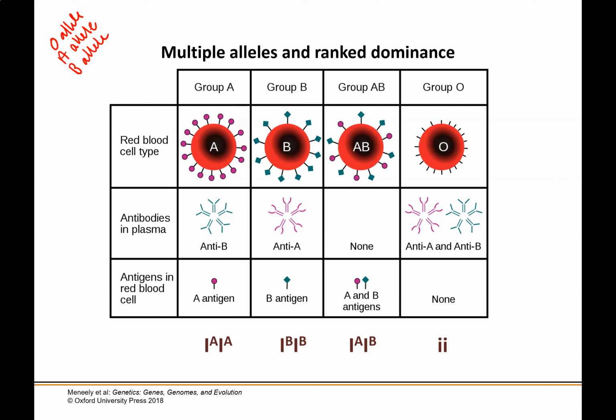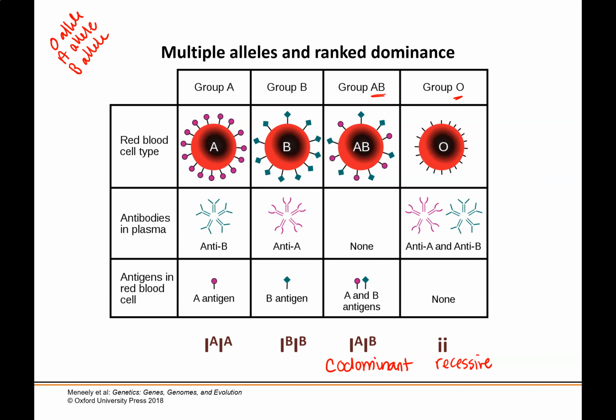If you are blood type AB, you are demonstrating a co-dominant phenotype because you are producing both the A and the B. So recall from our last video, the roan cattle, where you're producing both colors of fur. So A and B are co-dominant to one another. Now, if you are blood type O, you actually are recessive. You're fully recessive to both A and to B.